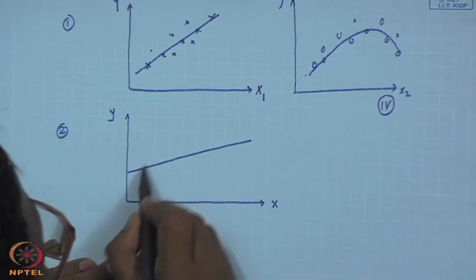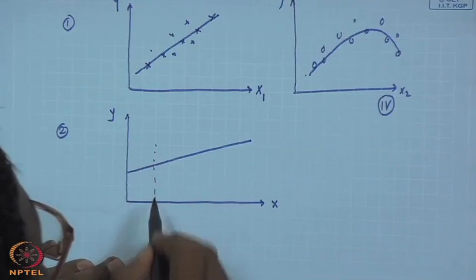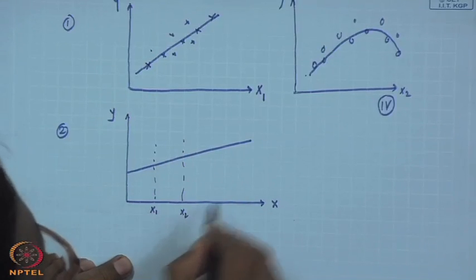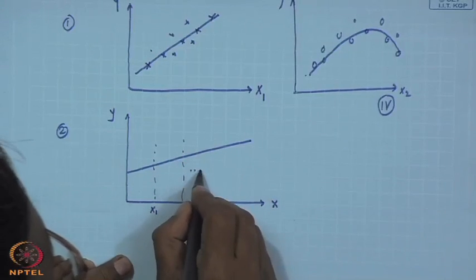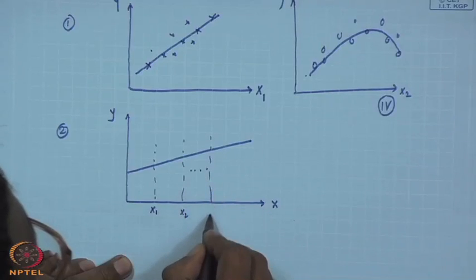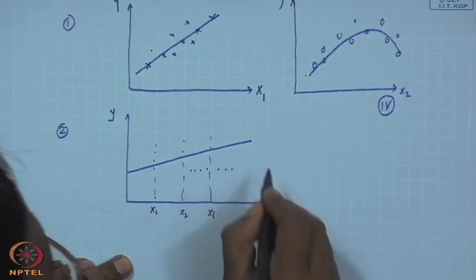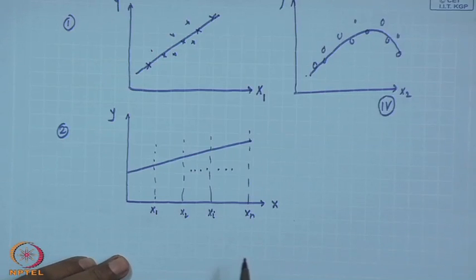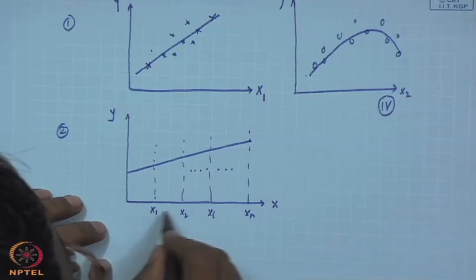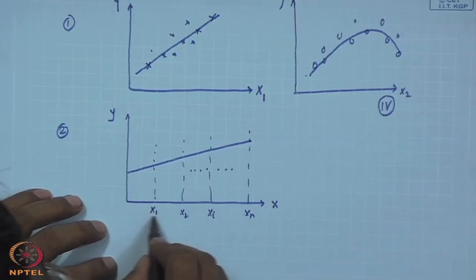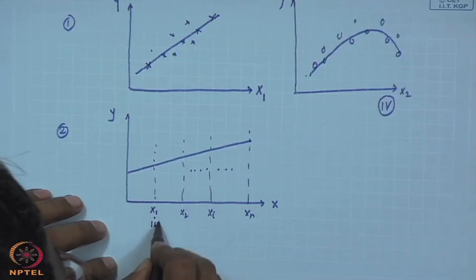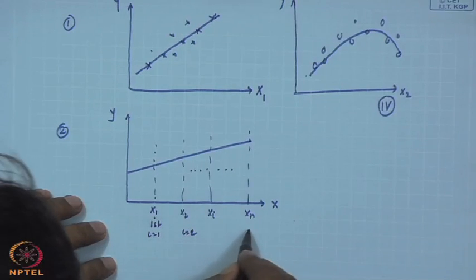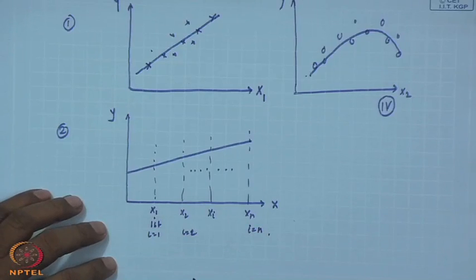You have collected n data points; suppose this is x1, this one is x2, and then this one is xi, and the last one, let it be xn. This is the first observation, i equal to 1, this is i equal to 2, and like this i equal to n.